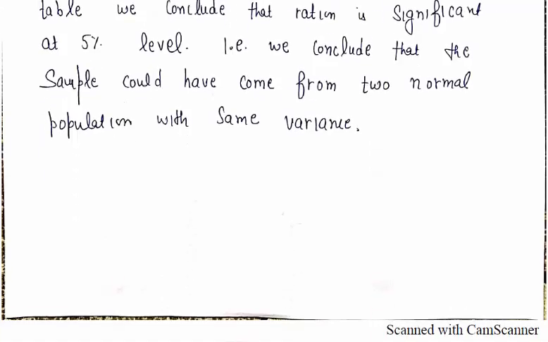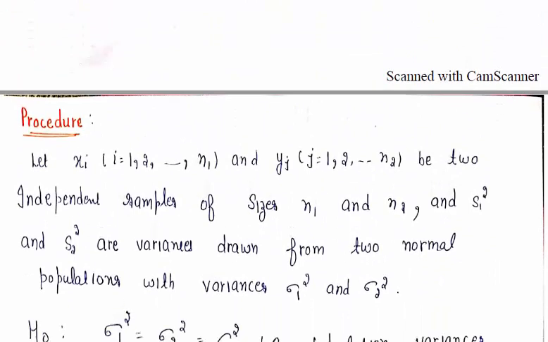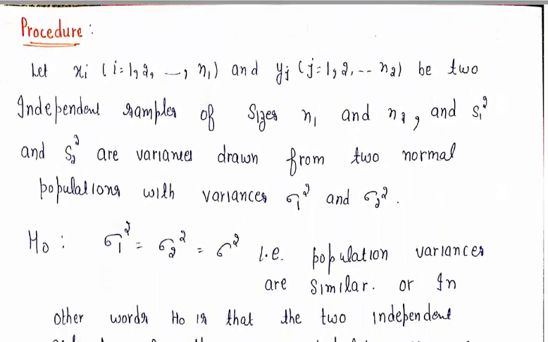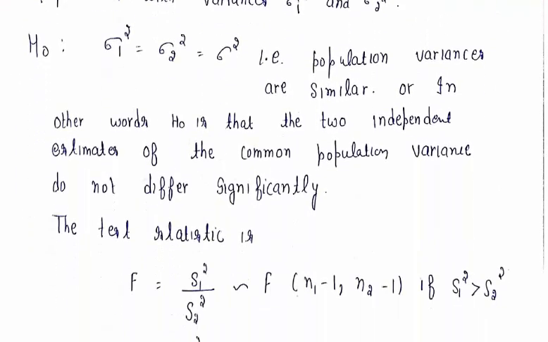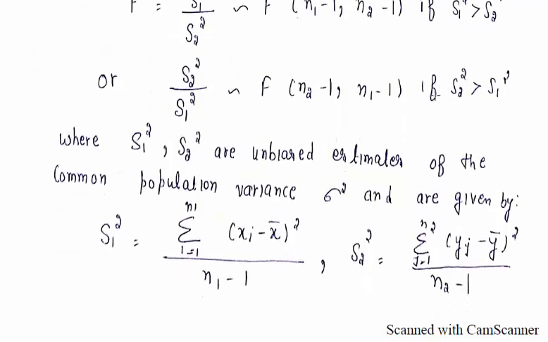So the steps to apply the F test: the first step is the same. We set up the null hypothesis and alternative hypothesis, then we calculate the F statistic. The F statistic is given by S1 square over S2 square, and this follows an F distribution with N1 minus 1, N2 minus 1 degrees of freedom, and this is used if S1 square is greater than S2 square.